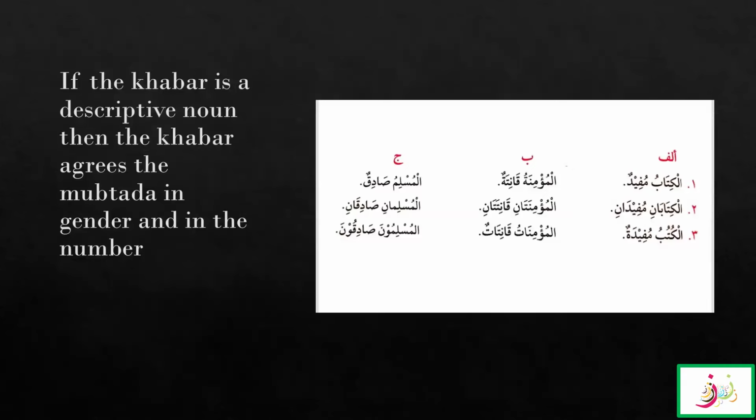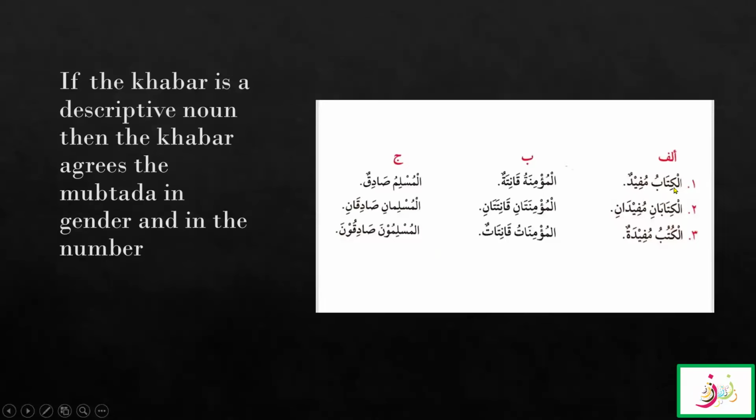Then we learned that if the khabar is a descriptive noun, then the khabar agrees with the mubtada in gender and in number. So here, al-kitabu mufidun, al-mu'minatun qanitun, and al-muslimu sadiqun. In the alif, ba, and jim columns, you can see here that this is muzakkar, then our khabar is the descriptive noun and it is matching with our mubtada.